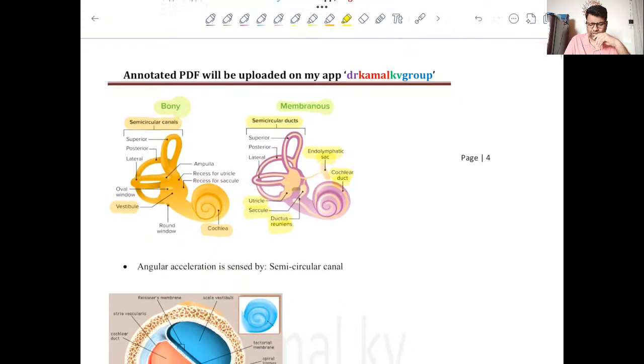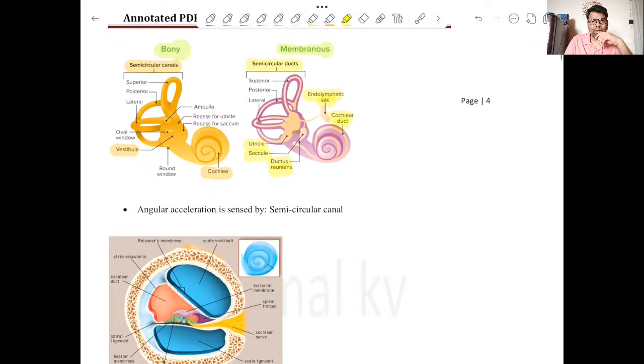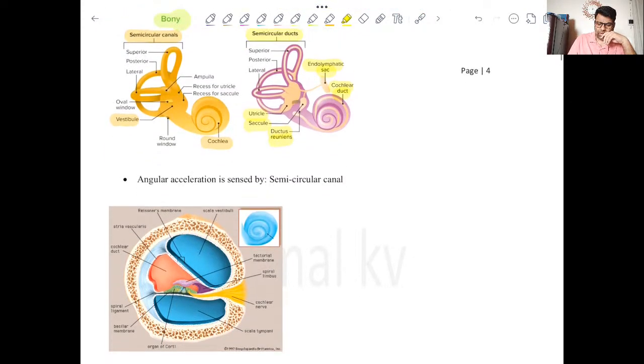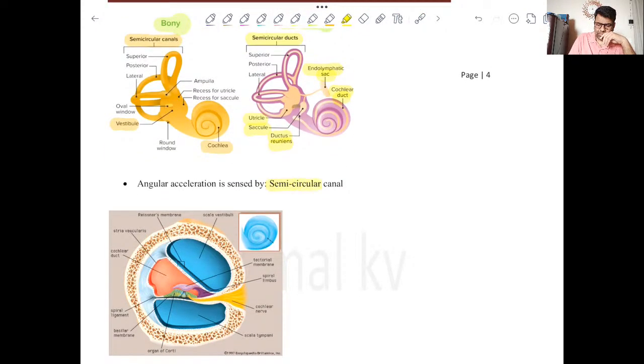So these are the parts of the membranous labyrinth. Now the function of the semicircular canal is to judge angular acceleration, and the utricle and saccule judge the linear acceleration. I think most of you must be knowing this already.